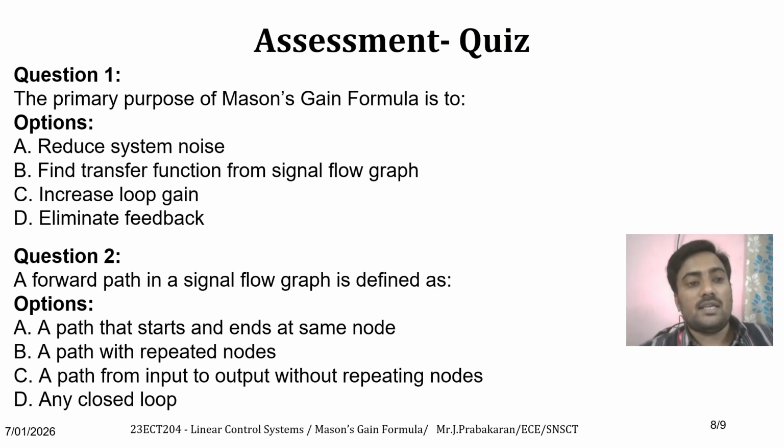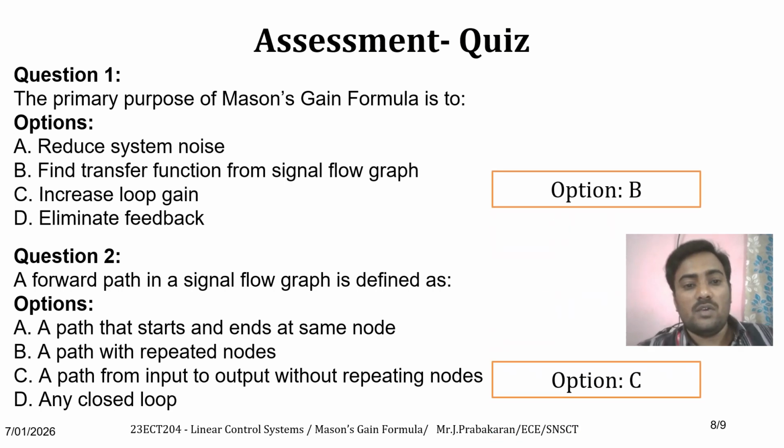And question number two: a forward path in a signal flow graph is defined as, option C is correct: a path from input to output without repeating nodes. So for the first question, option B is correct, and for the second, option C is correct.